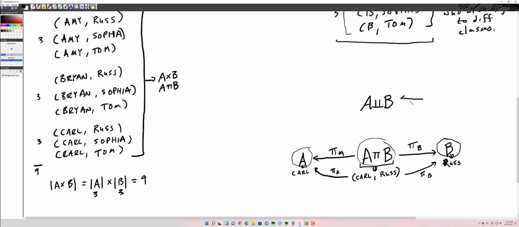But you'll notice that the arrows on this graph are different from the arrows on the other graph. You have the same object setup, right? You have the coproduct here, and this would be something like Amy. But you have arrows coming in. And so we use the letter I, because we're talking about inclusion maps.